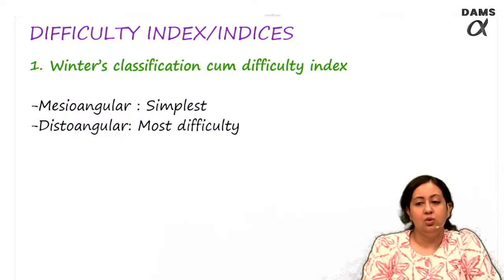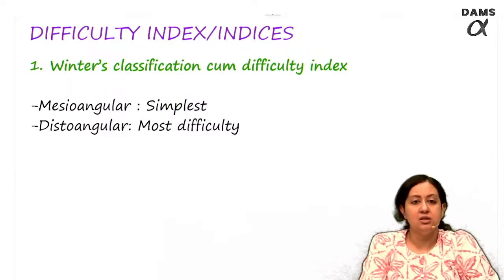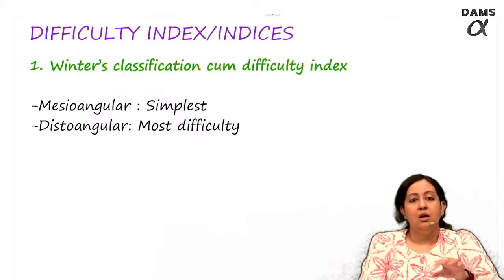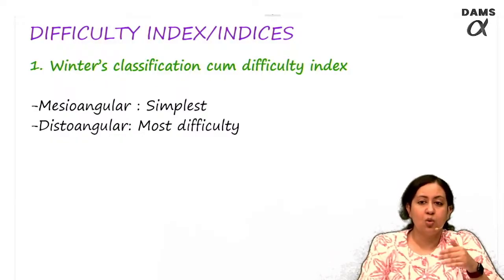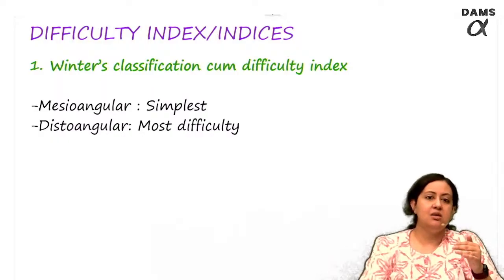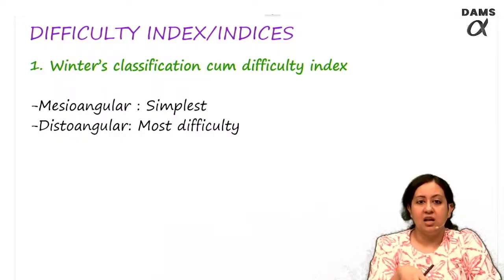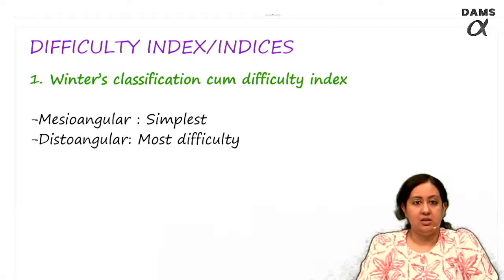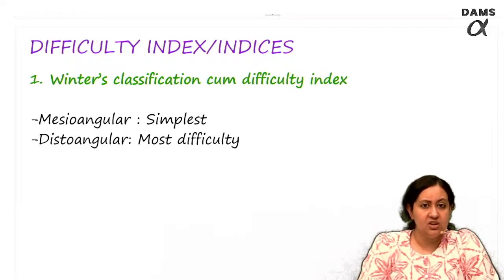So that even if two different clinicians are looking at the same radiograph at two different points of time, when they score it, we get the same score. That is why these indices are there, to rule out difference of opinions in terms of the difficulty of the impacted teeth.